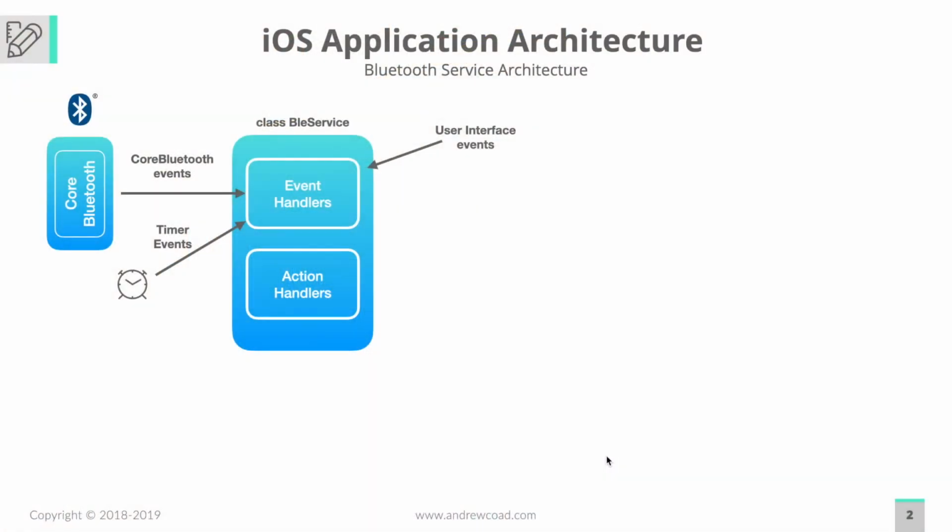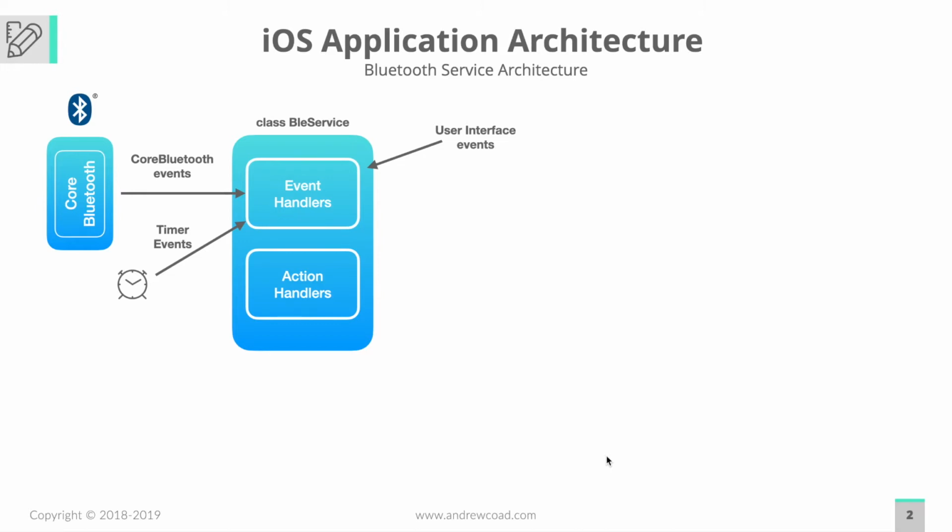Let's take a look at exactly what we have to do at that Core Bluetooth interface. Here is a diagram of the service layer sitting between the upstream application proper and the downstream Core Bluetooth framework. There are a number of asynchronous events being handled by a set of functions that I'm calling event handlers. There are events coming in from the UI based on user actions.